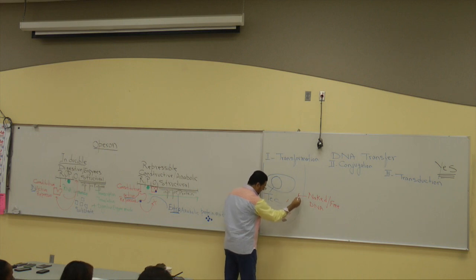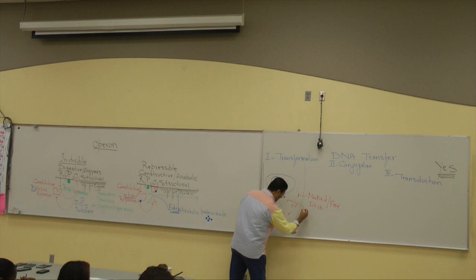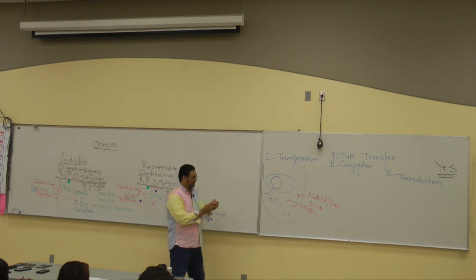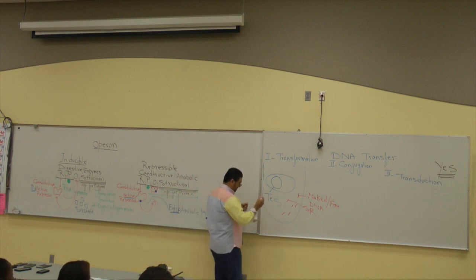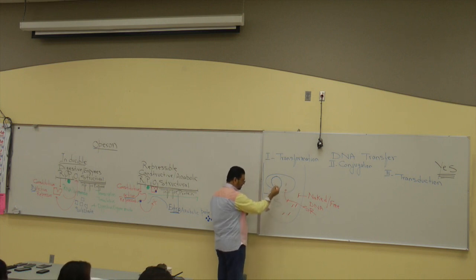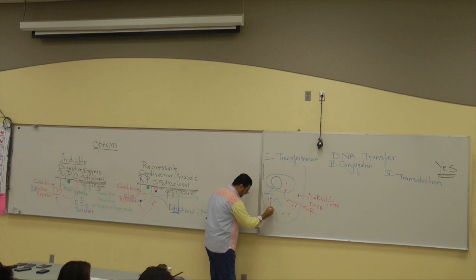On this piece of DNA right here, you have streptomycin resistance. This bacterium picks up this piece of DNA, and it ends up here. Now this bacterium becomes what? Resistant.